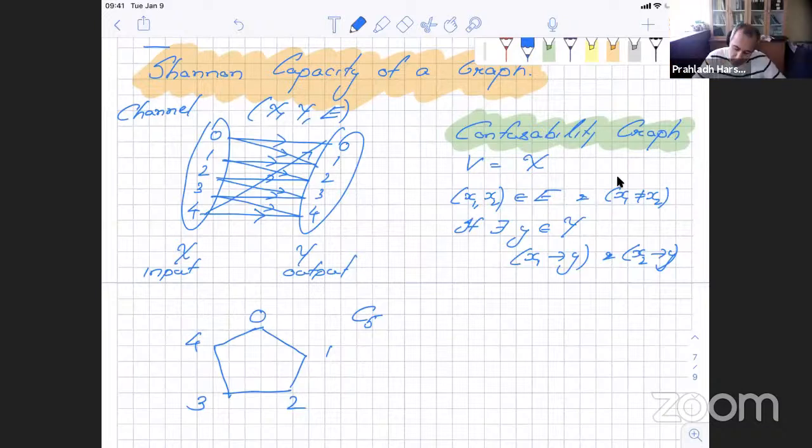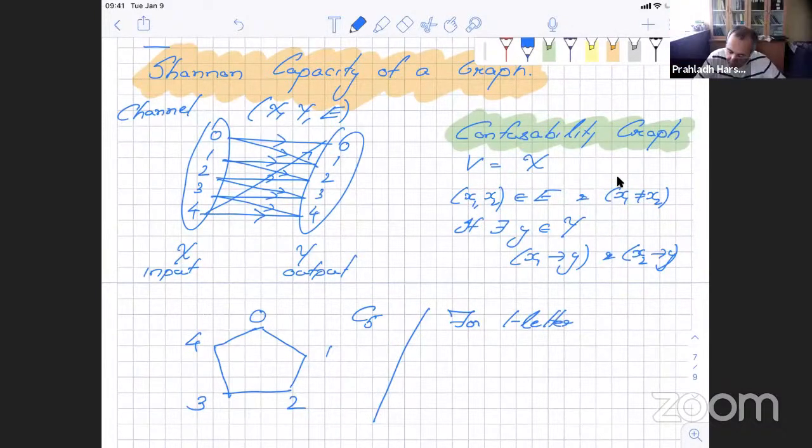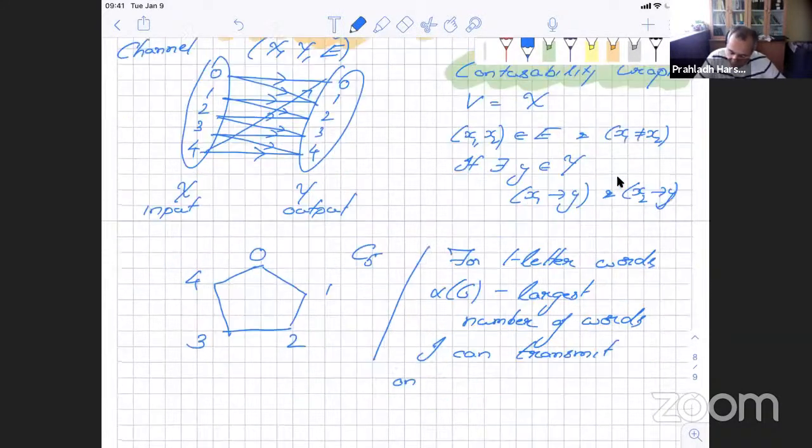So what I want to say is, for one letter words, alpha of G is the largest number of words I can transmit on the channel without any error.